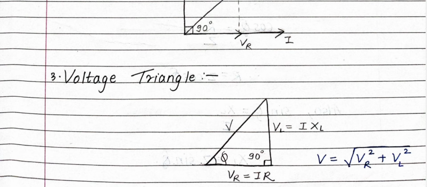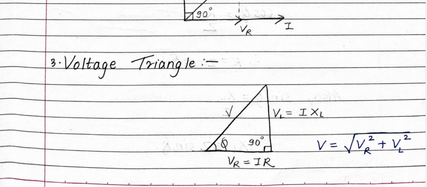What is XL? Inductive reactance. Now, see the angle which our resultant voltage makes in the phasor diagram. Just take it and place it over the hypotenuse of the voltage triangle and mark it as V. This is your voltage triangle. Simple. Just with the reference of the phasor diagram, you can very easily make this voltage triangle.